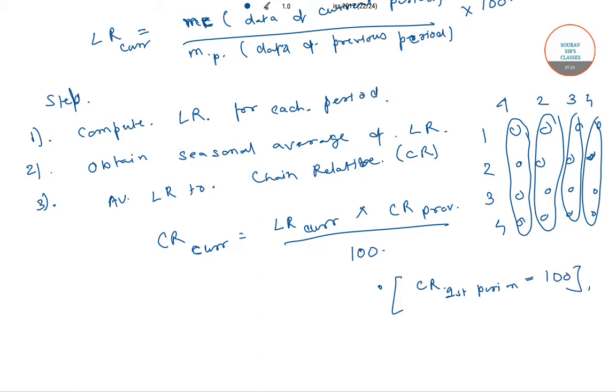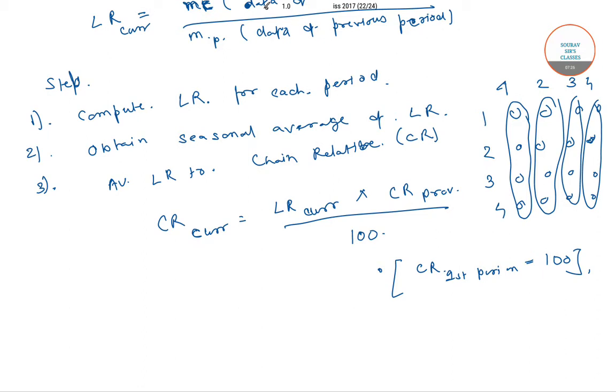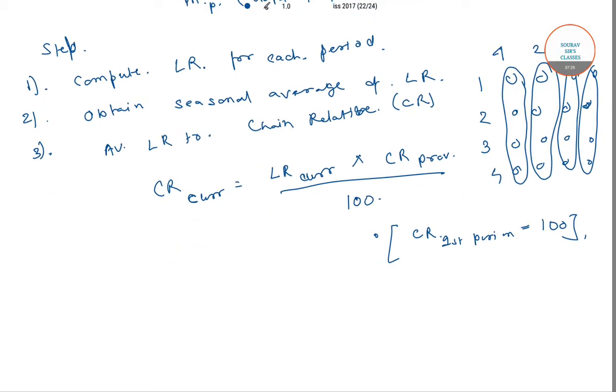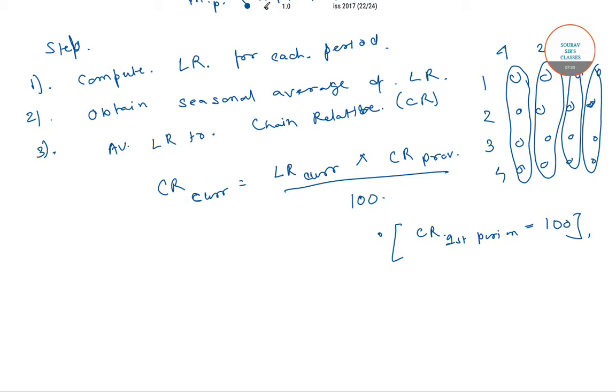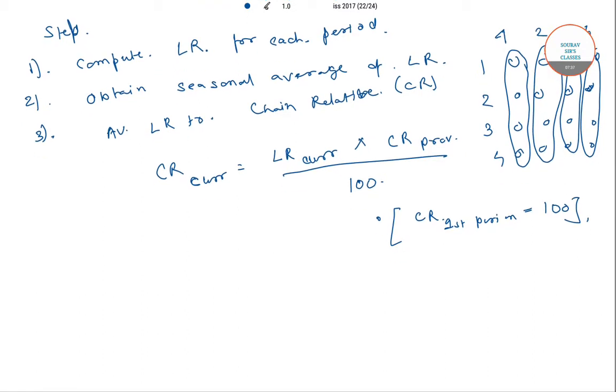So from this formula, we compute the chain relatives of all the periods except the first one.